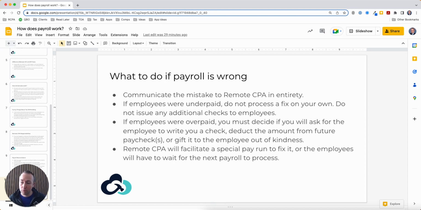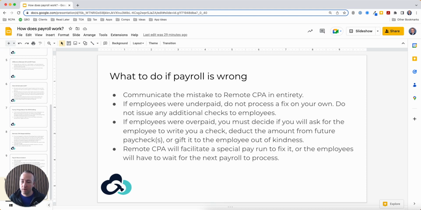In the event that employees were overpaid, you have a decision to make. You have to decide if you're going to ask the employee to write you a check or deduct the amount from a future paycheck or just gift the amount to the employee. We've seen all of these scenarios and there's no right or wrong answer. It's just whatever you decide. And we will gladly facilitate a special pay run to fix it.